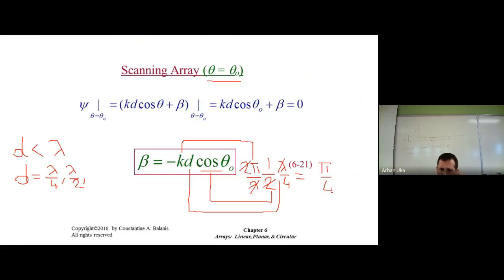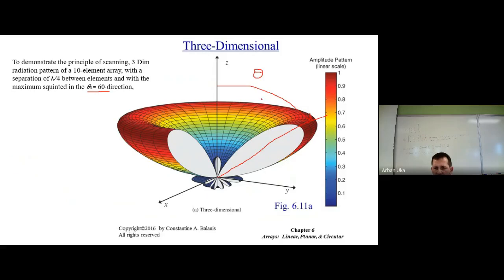So this pi over 4 phase difference between subsequent antenna components, with d equal to lambda divided by 4, will produce an angular distribution or scanning array antenna which will be equal to 60 degrees. So these conditions drawn here will give this distribution.